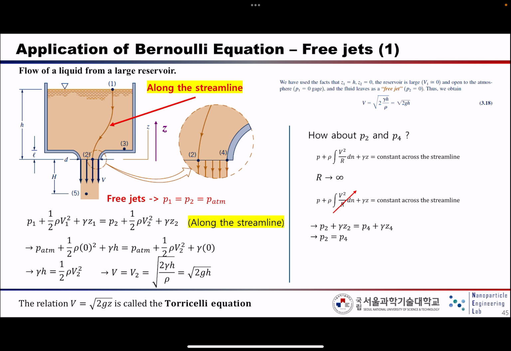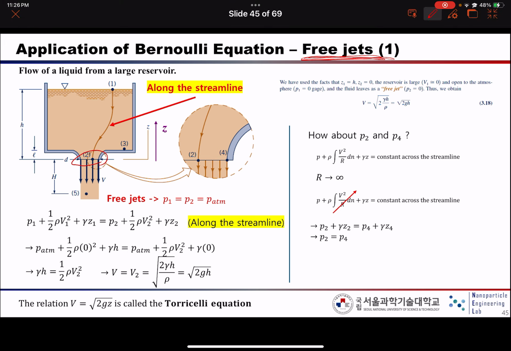So here is the application for the faucet. Let's talk about the faucet first. Here there is a reservoir filled with liquid, like this, and there is a hole at the bottom part.